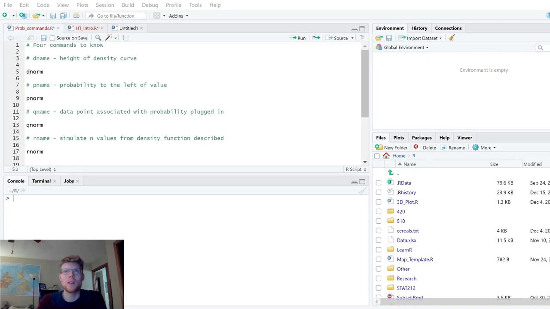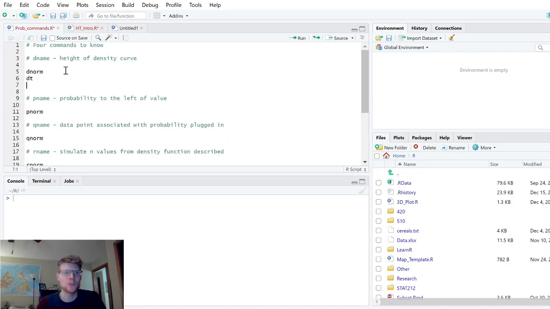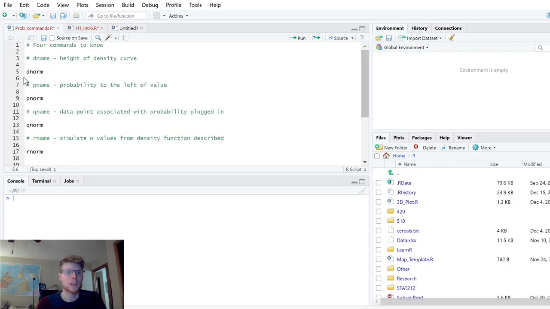So here is dnorm, but just as an FYI, we could also do dt for the t distribution. We could do d chi-square for the chi-square distribution. So that part can change. The d at the front does tell us what it's going to be doing with this information.